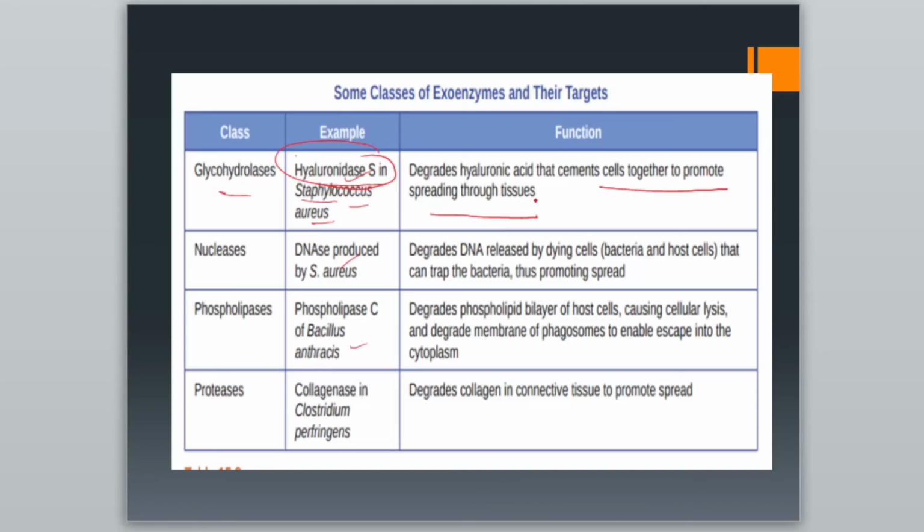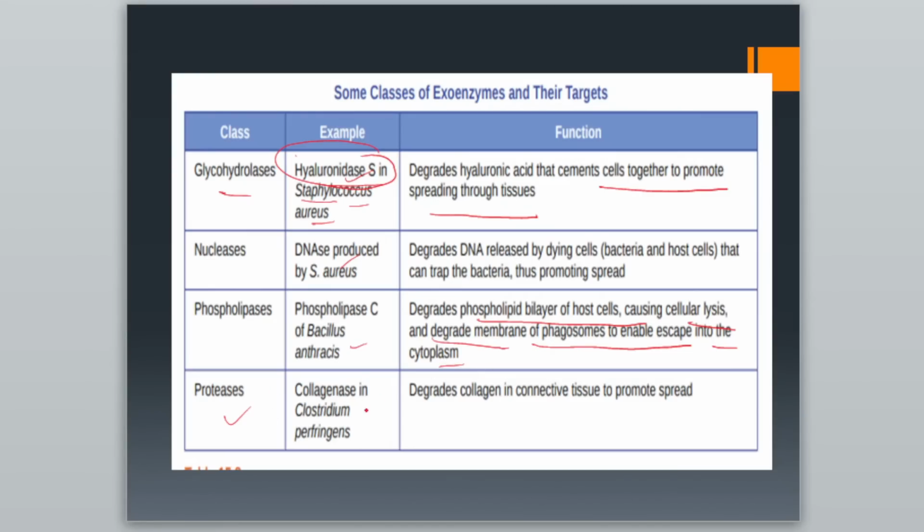The third one is phospholipase. Phospholipase C of Bacillus anthracis degrades the phospholipid layer of the host cell, causing cellular lysis. Lysis means breakdown. It also degrades the membrane of phagosomes to enable escape into the cytoplasm. The last one is protease.